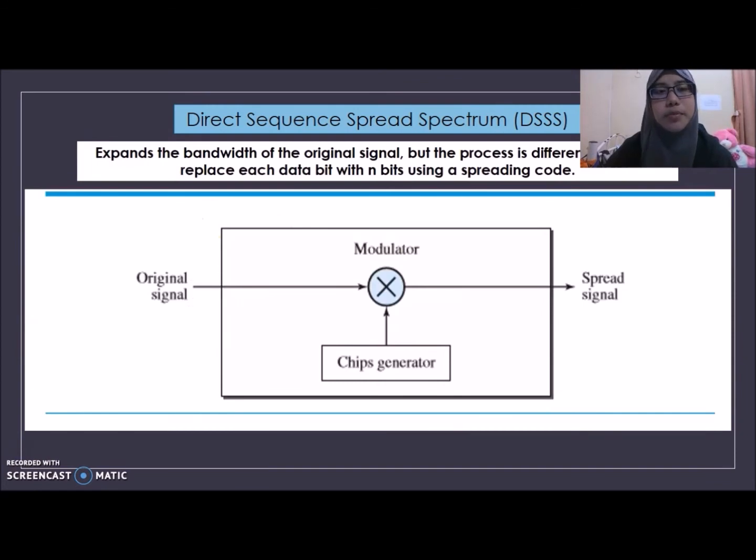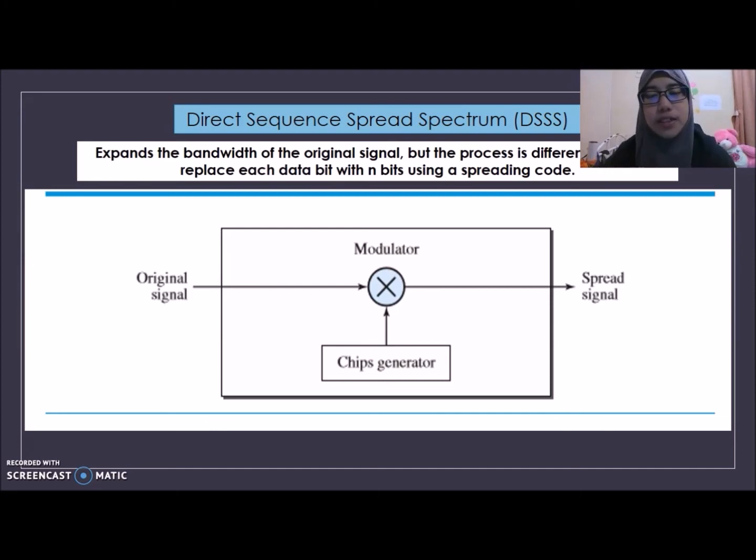And the final subtopic is DSSS, which is direct sequence spread spectrum. Direct sequence spread spectrum expands the bandwidth of the original signal, but the process is different. In DSSS, we replace each data bit with n bits using the spreading code.